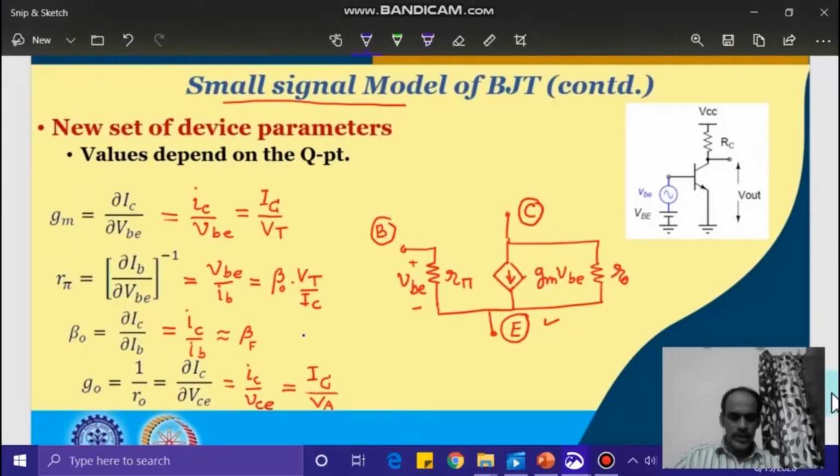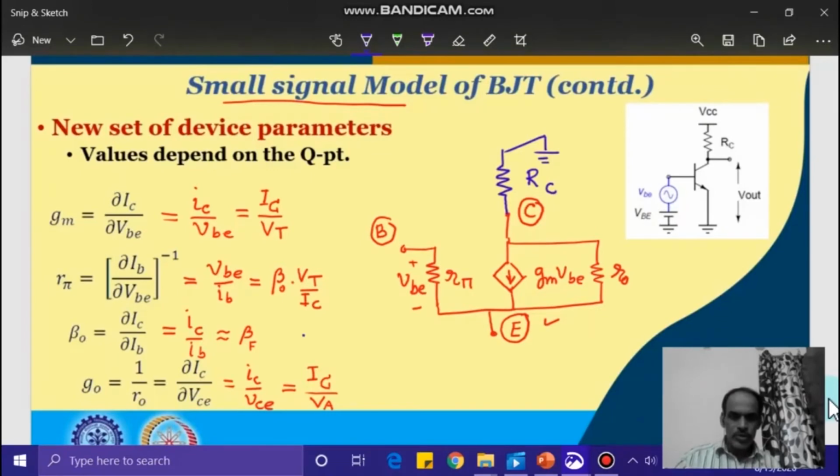Now here we do have the small signal equivalent circuit of the BJT, and let's try to see how it can be utilized to get the gain of the circuit. Along with the small signal equivalent circuit of the BJT, let us also integrate the other components of the circuit, namely the RC, and instead of connecting this to VCC, let us consider this as AC ground.